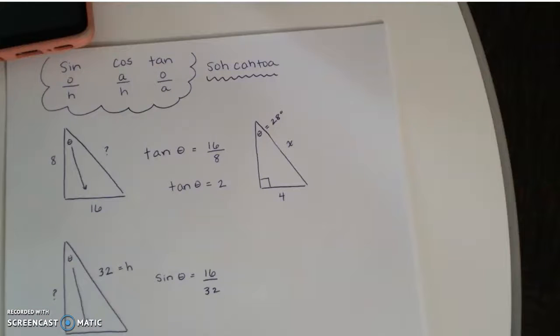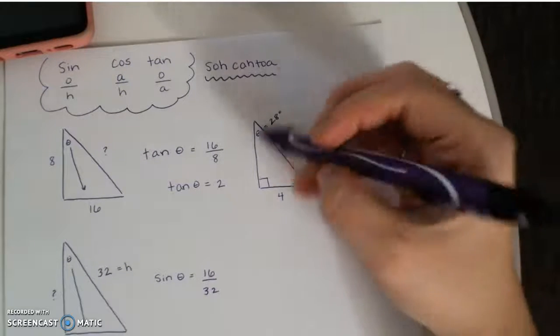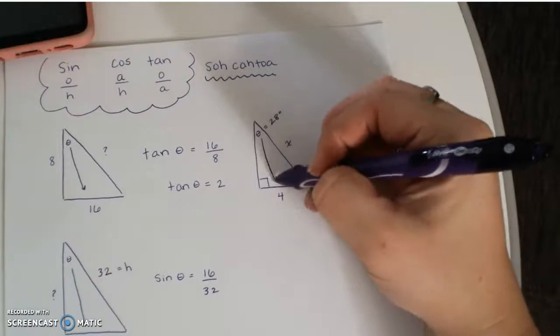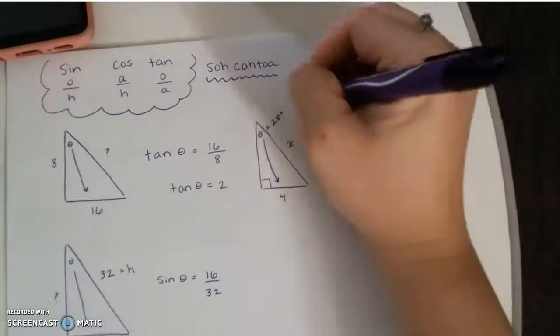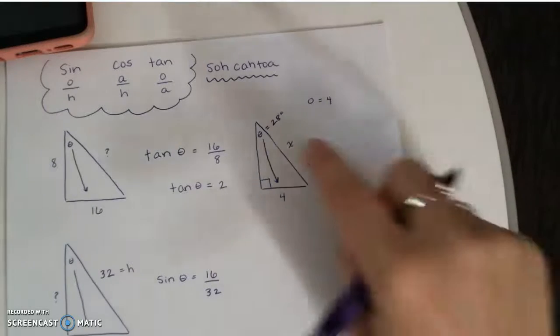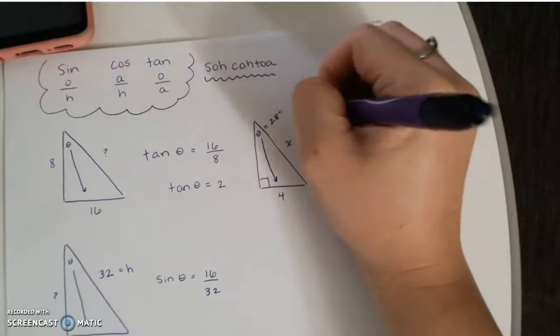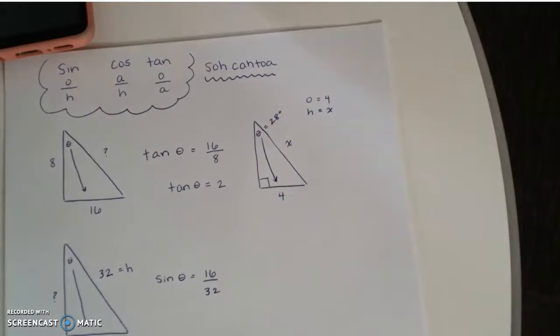So our first step, let's identify what sides we have shown here. If this is the angle we have, the opposite side is 4. And the side that we are trying to find is our hypotenuse, which we don't know what it is.